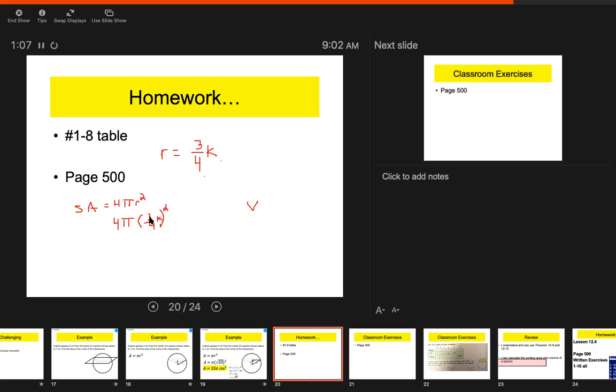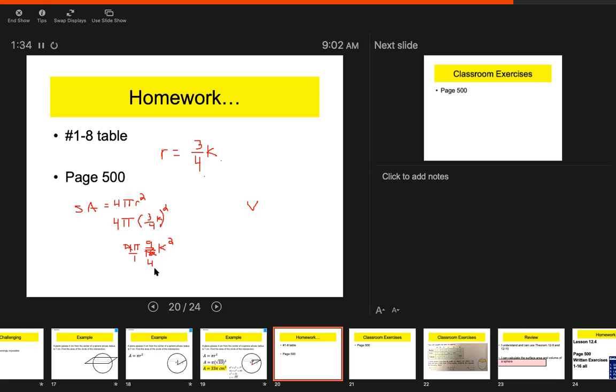All right, so let's square that. 3 squared is 9, 4 squared is 16, and k squared is, well, k squared. And we have to multiply that times 4 pi. Notice a couple of things are going to cancel here. Remember that's 4 over 1 pi. So the 4 would cancel, and the 16 would turn into a 4. That's an ugly cancel, but you get the idea.